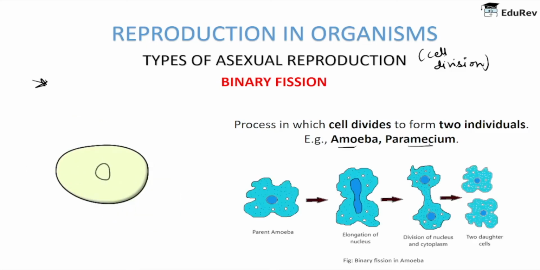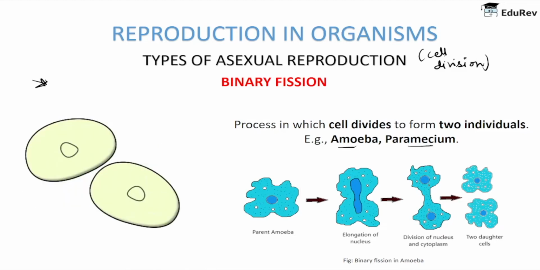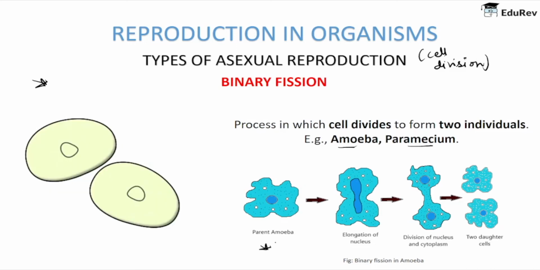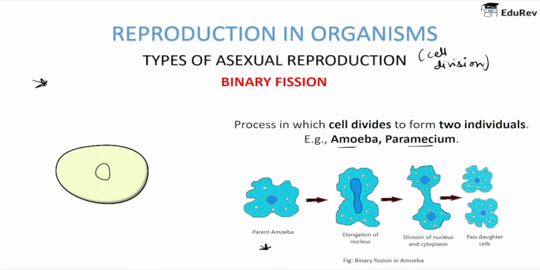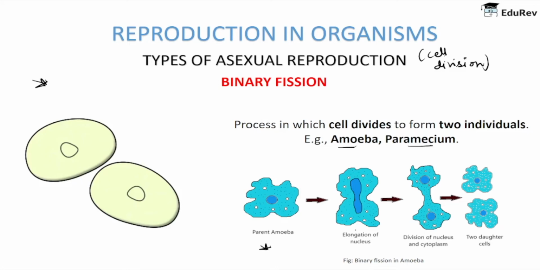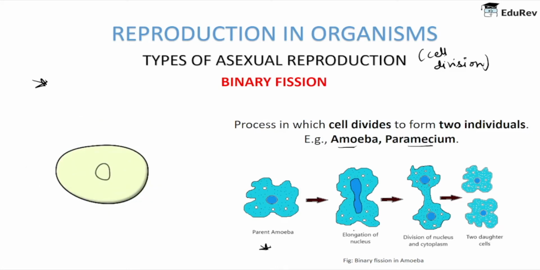So this picture below is showing binary fission taking place in amoeba. Let us see, the first step in this image is the parent amoeba, which is ready to go through the division, the process of binary fission. In the second step, you can see that the nucleus of the parent amoeba is now getting elongated.